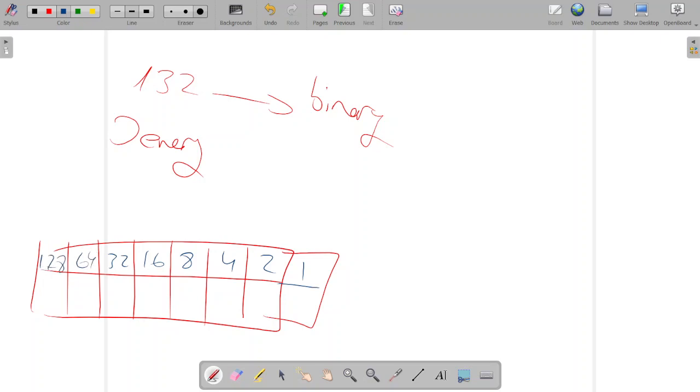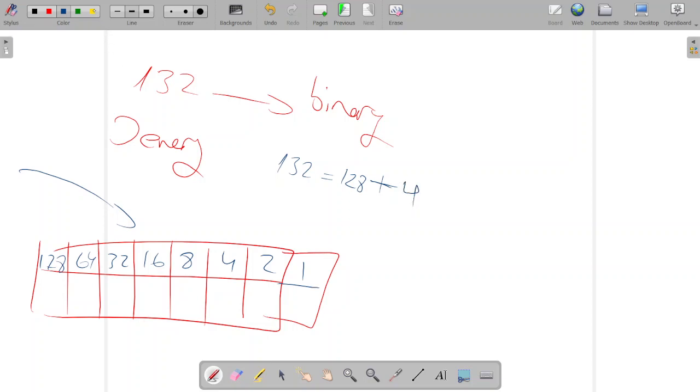Now you're trying to convert 132 into a summation that consists of these numbers, because you cannot use anything but them. So 132 is actually more than 128, so you can represent it as 128 plus something. It's going to be plus 4, as you can see. So what is the meaning of that?